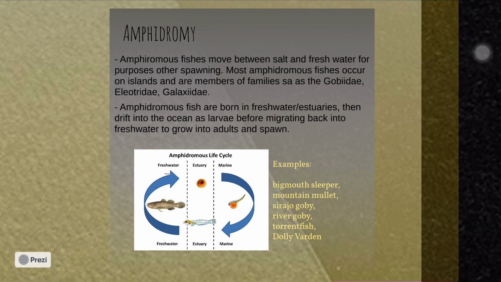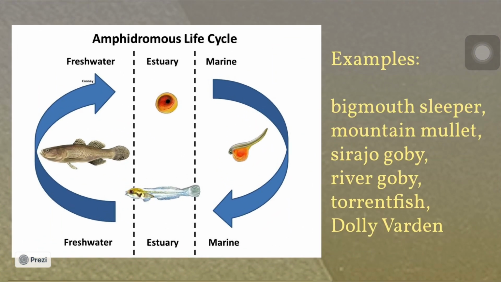Some examples of amphidromous species are bigmouth sleeper, mountain mullet, river goby, torrentfish, and Dolly Varden.